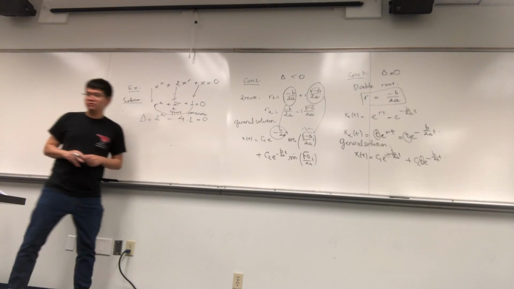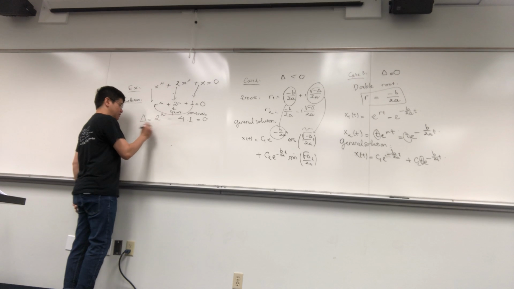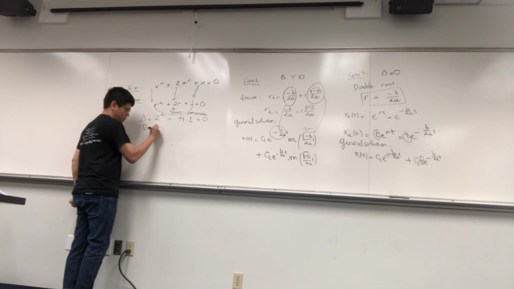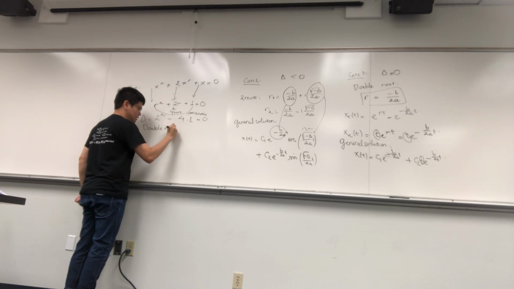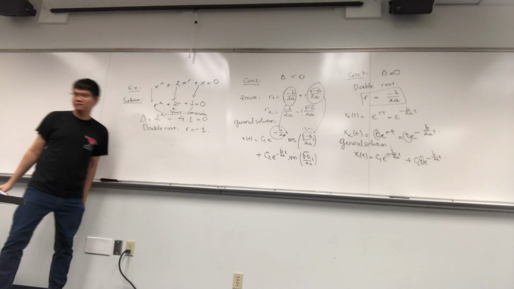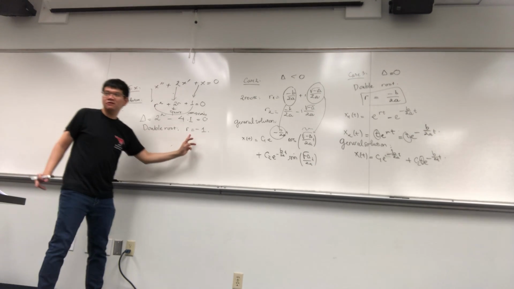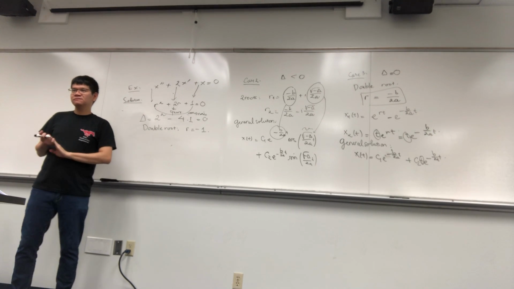So what is the double root? Just r equals negative 2 over 2, so it's just minus 1. Even without using the formula, can I say that the double root is minus 1?